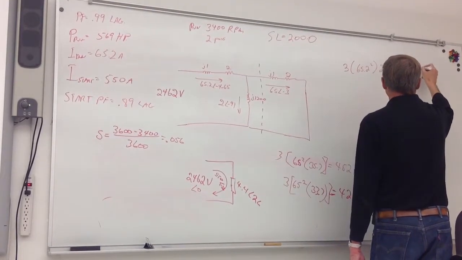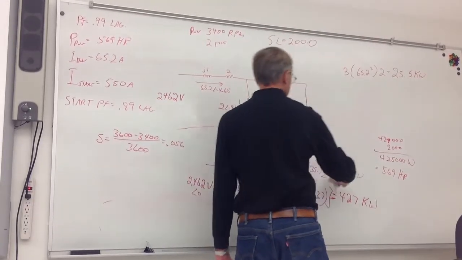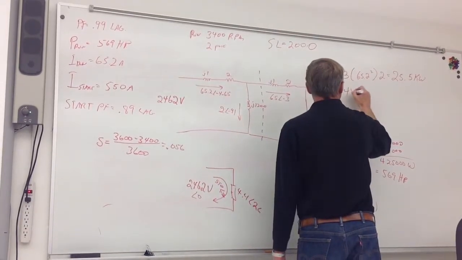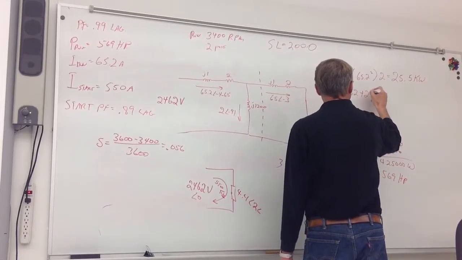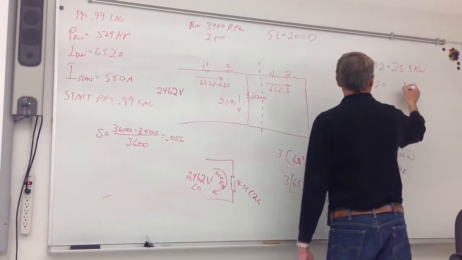So my power input is going to be the power across the air gap plus that, which is 477.